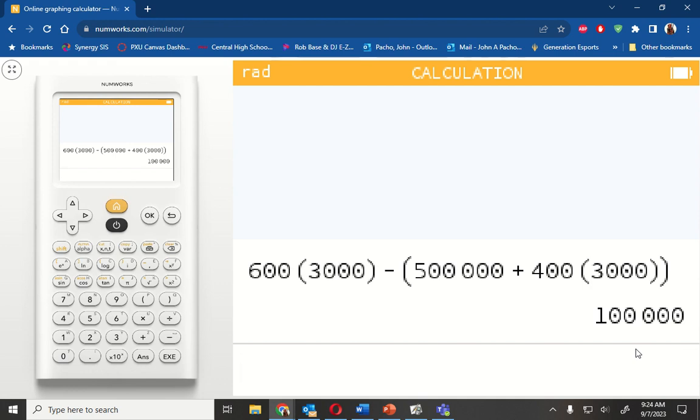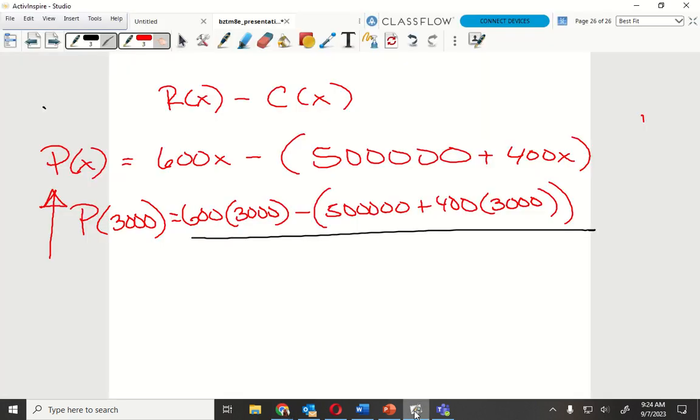So it's going to go up a lot faster after that. So in terms of my problem, that means that DJ in his sales made $100,000 of profit.